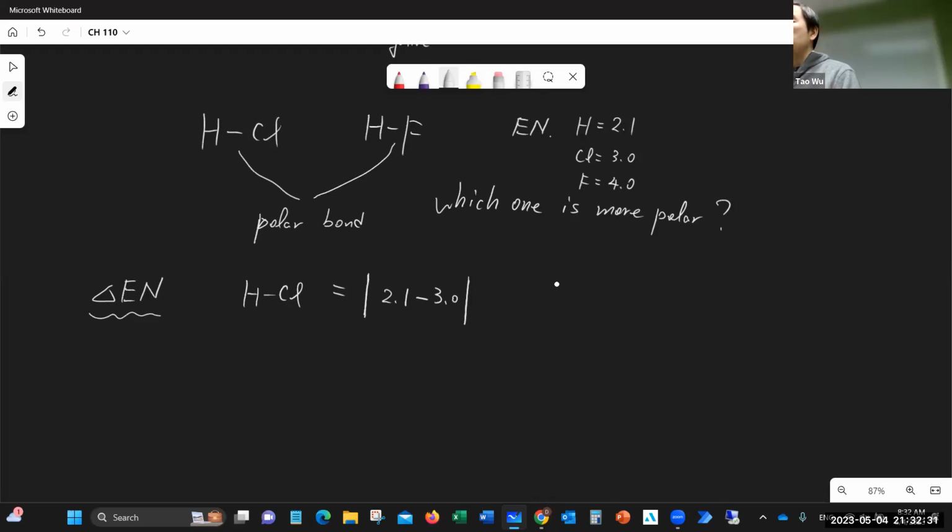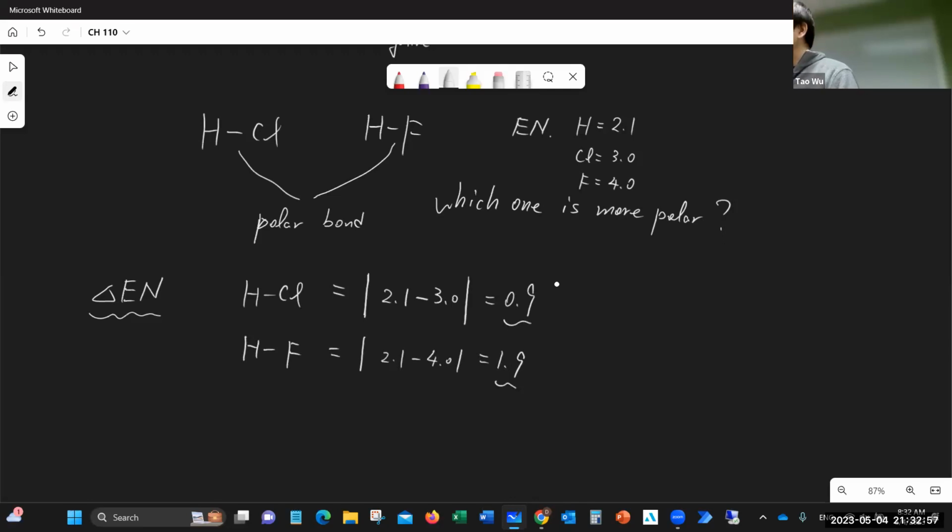So 2.1 minus 3.0 gives you 0.9 for the difference of the electron activity. And for H and F, the difference is 2.1 minus 4.0, which gives you 1.9.